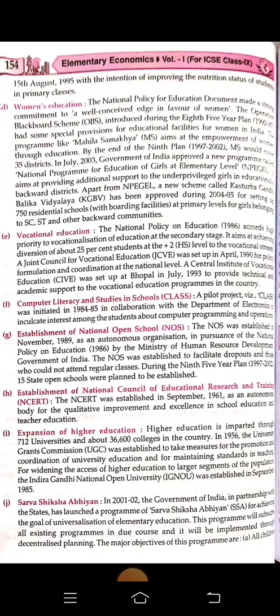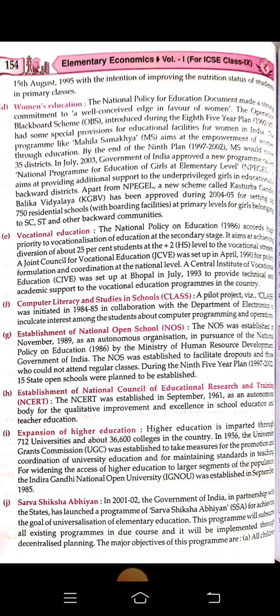Next, we have establishment of the National Council of Education Research and Training, NCERT, expansion of higher education, Sarva Shiksha Abhiyan. Sarva Shiksha Abhiyan is universal elementary education for everybody in the age of 6 to 14. They have to get compulsory education. Next, we have the constitutional amendment.